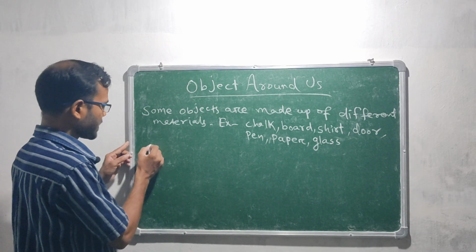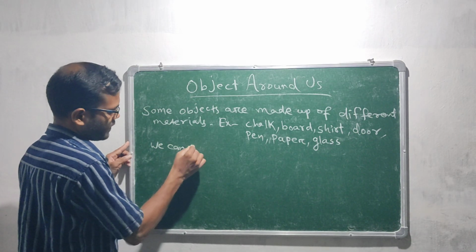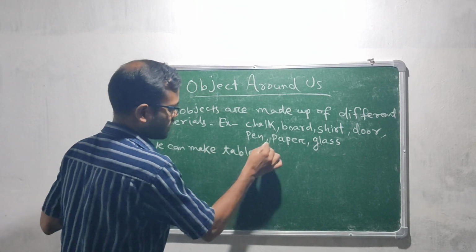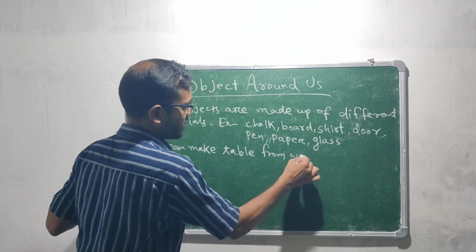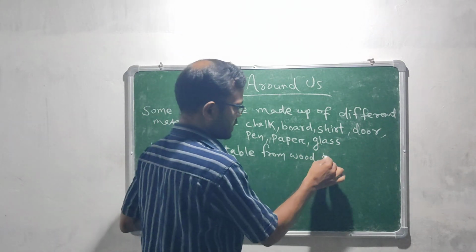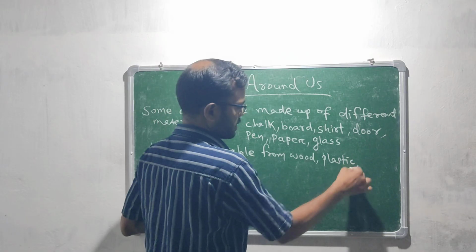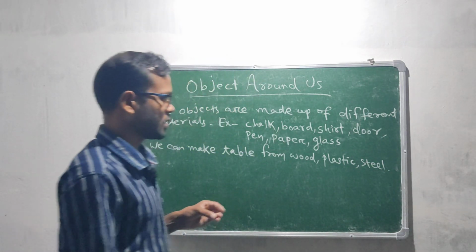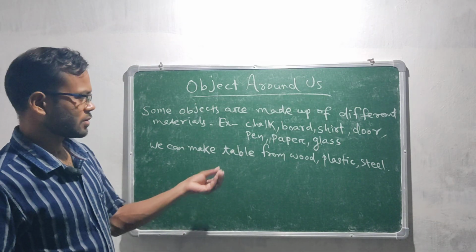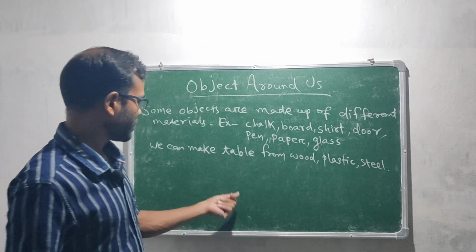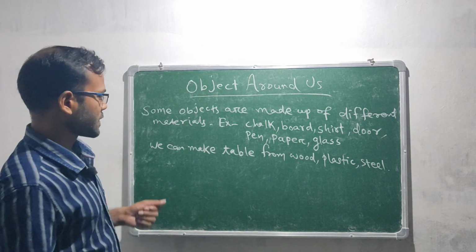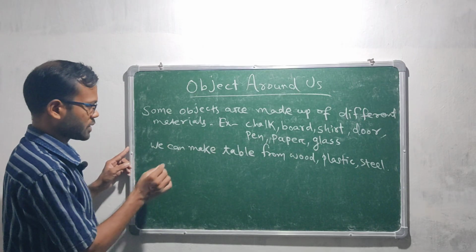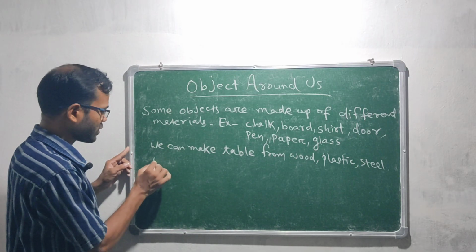Suppose we can make a table by using wood, then plastic, then steel. Okay, right now you must have seen a table which is made of steel. So wood, plastic, steel can be used to make a table. And suppose we take one material, that is wood.